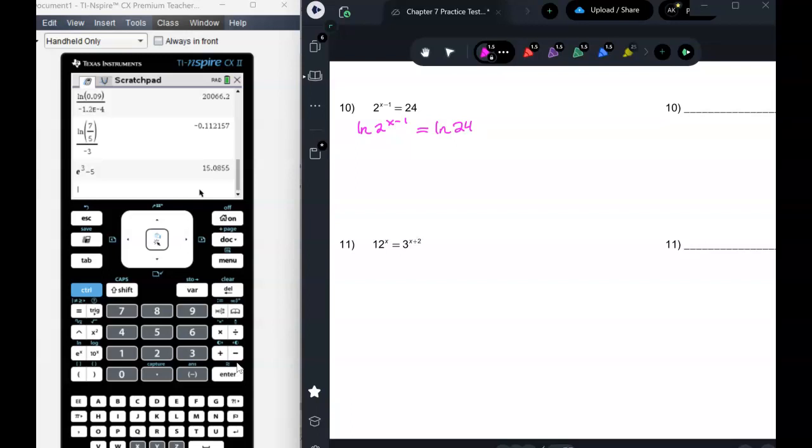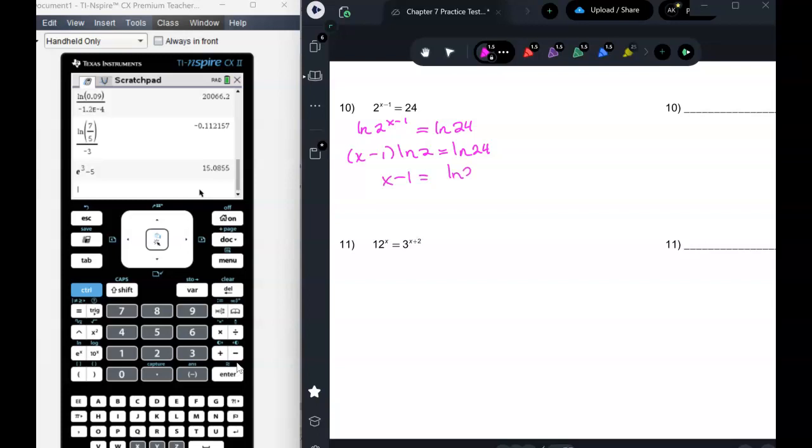We do that so that we can move the x minus 1 to the front, and divide by natural log of 2.